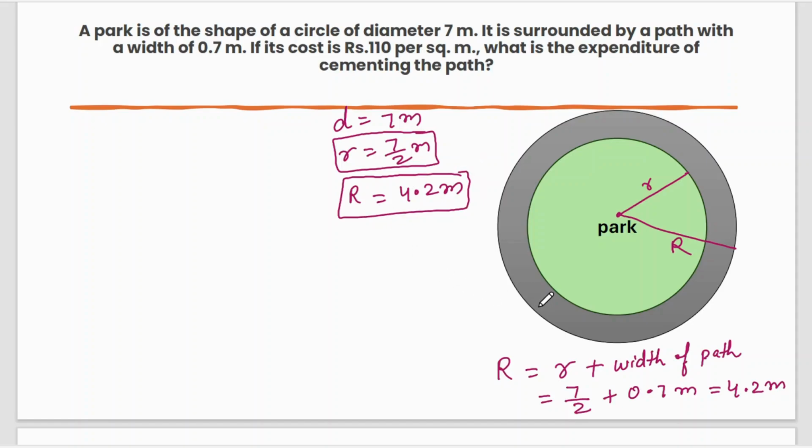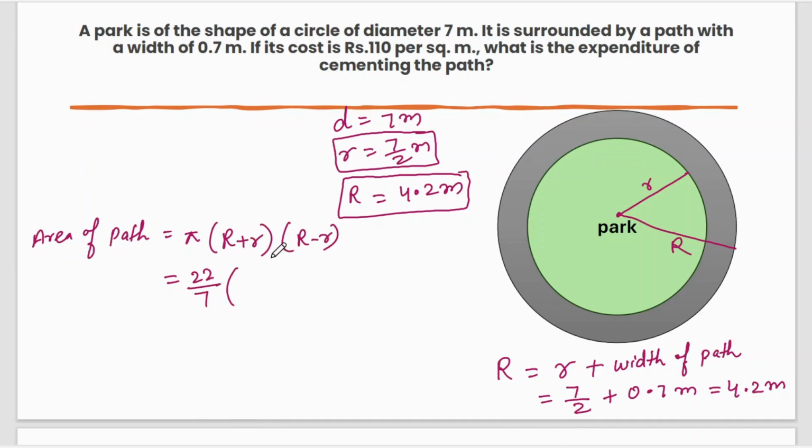Okay, now we can easily find the area of the shaded portion. So let me find the area of the path, that is equal to pi (R plus r) and (R minus r). What is pi? Pi is 22 by 7.